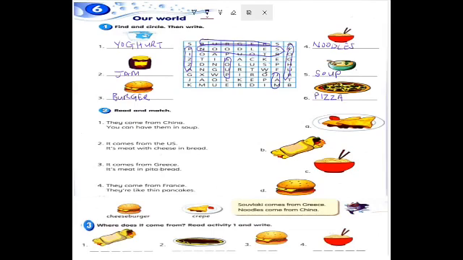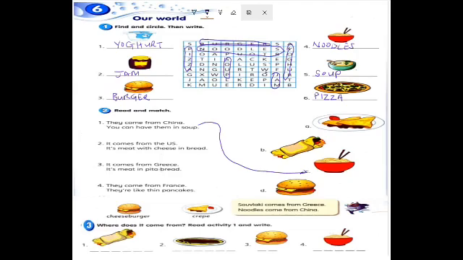For activity 2, you have to read the description and match it to the picture here. Okay, let's try number 1. They come from China. We can have them in soup. From the text we know that noodles come from China. So you can use any line. You can also do colors if you like. Okay, number 2, they come from the US.